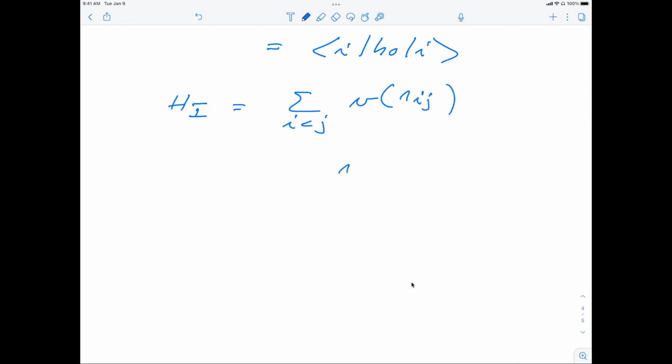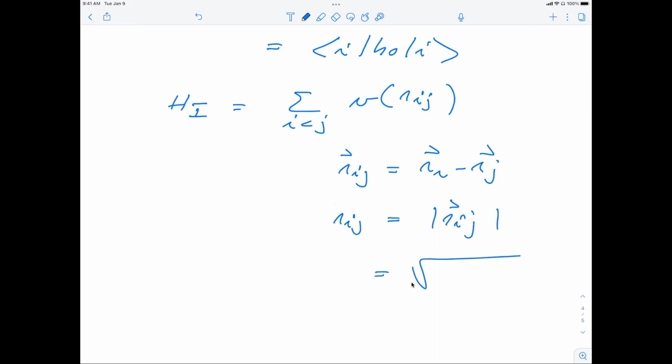And Rij here is actually the difference, the relative distance between the two particles in positions i and j. And this Rij is then a notation which we are going to use for the absolute value of this quantity here, which is the same as the square root of (xi minus xj) squared.